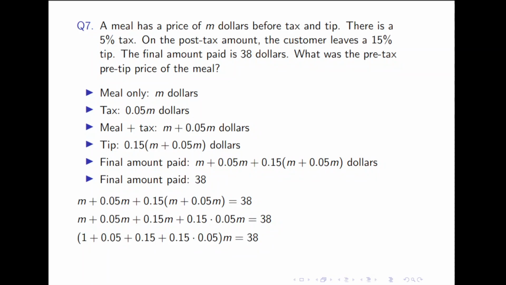Factoring out M gives us 1 plus 0.05 plus 0.15 plus 0.15 times 0.05, times M, equals 38. Divide both sides by 1 plus 0.05 plus 0.15 plus 0.15 times 0.05. So M equals 38 divided by 1 plus 0.05 plus 0.15 plus 0.15 times 0.05.